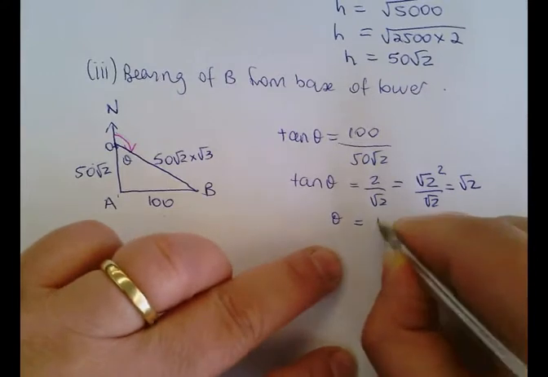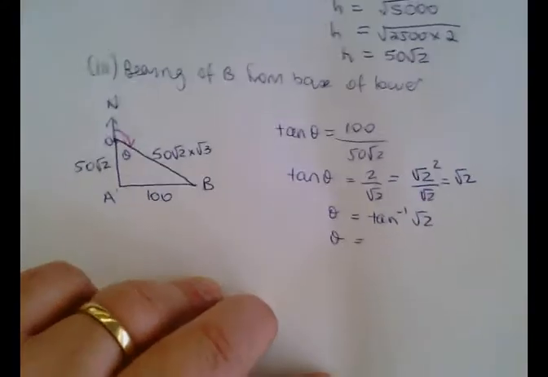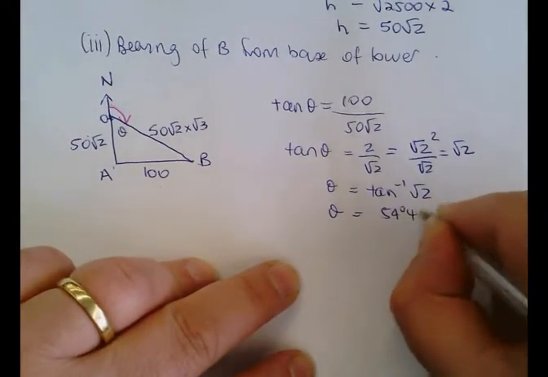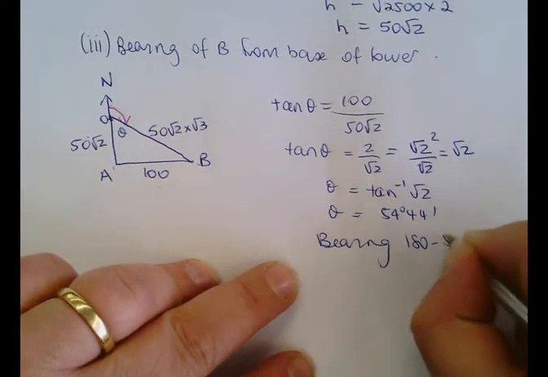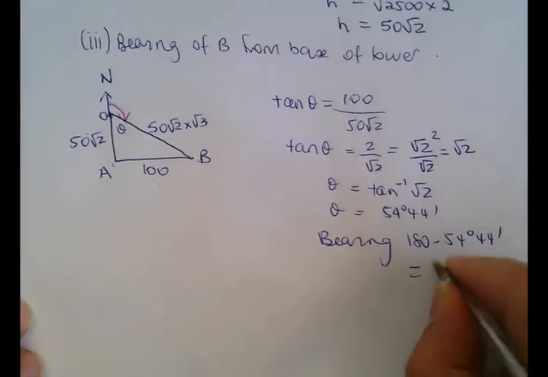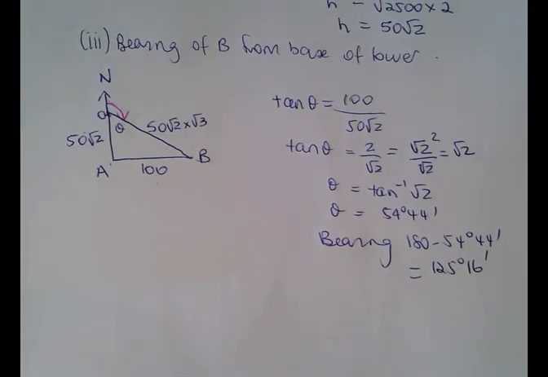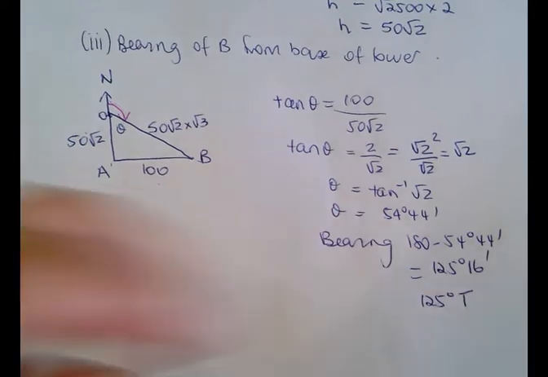So theta is inverse tan of root 2, which is 54 degrees 44 minutes. And so therefore the bearing is 180 minus 54 degrees 44 minutes, 125 degrees, but bearings are always 3 figures. 125 T, true bearing.